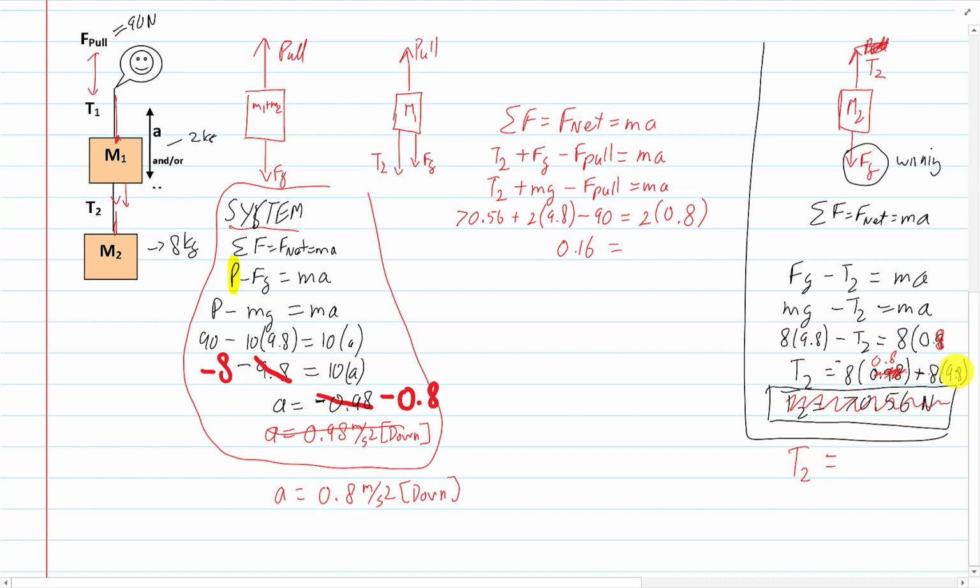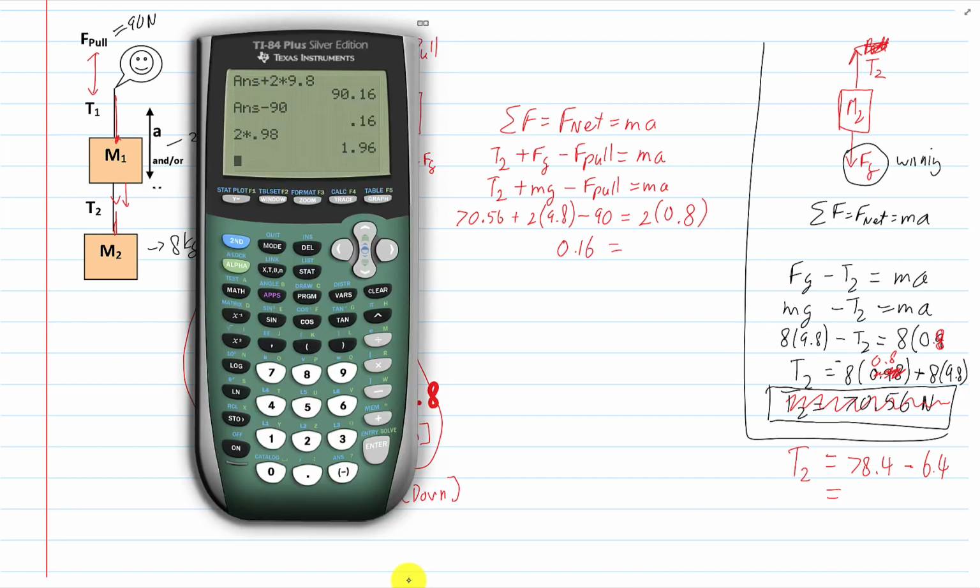T2 would have been 78.4 subtract 6.4. So this is 72.